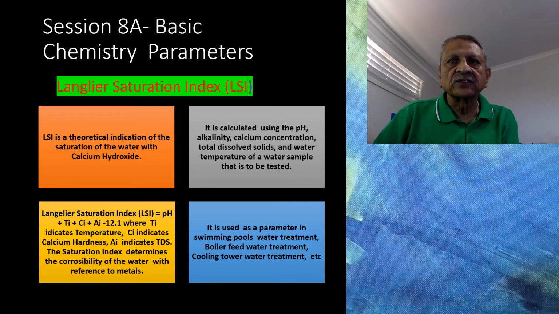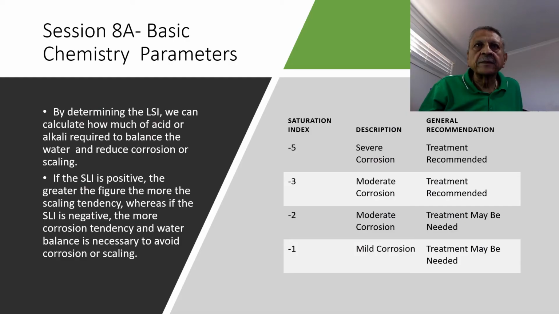So it is also used as a parameter in the swimming pools, water treatment, boiler feed water treatment, cooling tower water treatment, etc. By determining the LSI, we can calculate how much of acid or alkali is required to balance the water and reduce the corrosion or reduce the scaling.